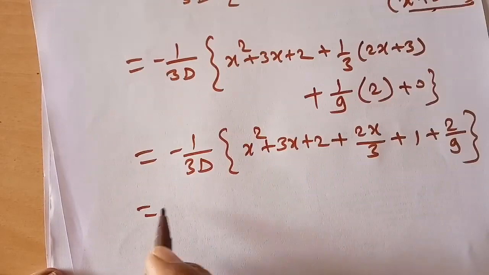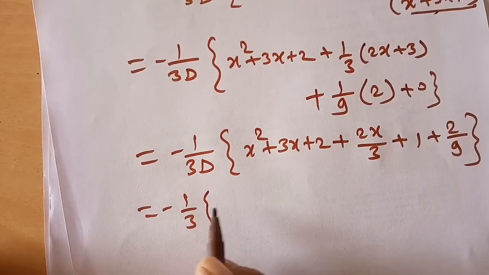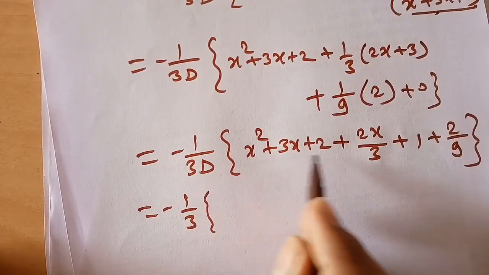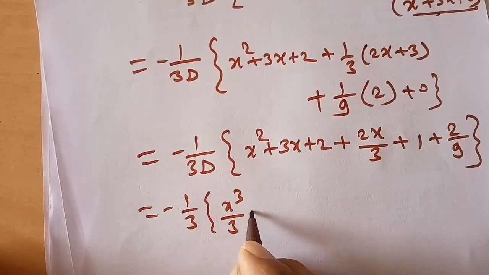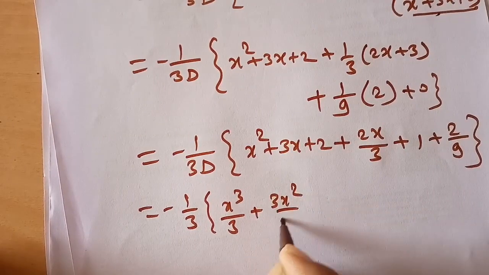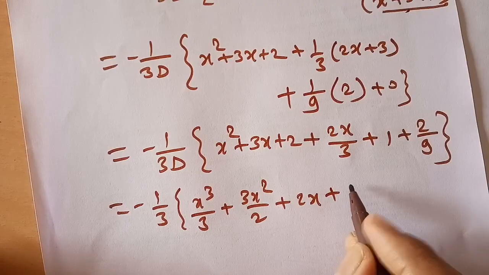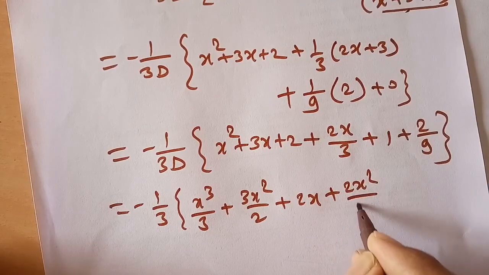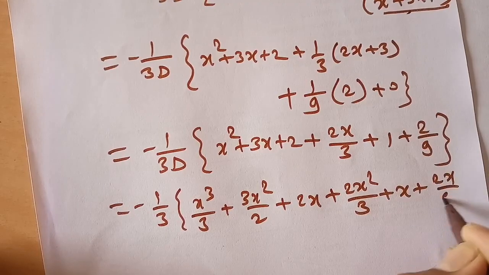This is nothing but minus 1 by 3 into, now 1 by d means we have to take the integration of every term. X cube divided by 3 plus 3x square divided by 2 plus 2x plus 2x square divided by 3 plus x plus 2x divided by 9.